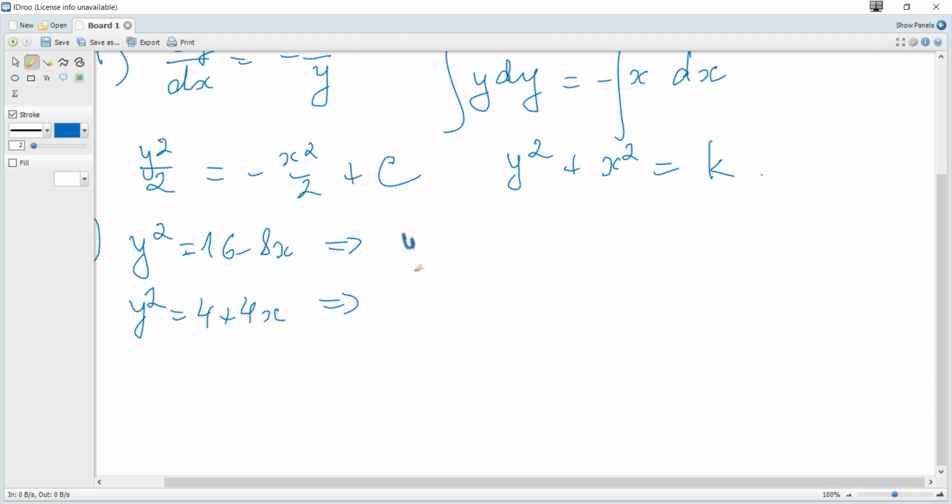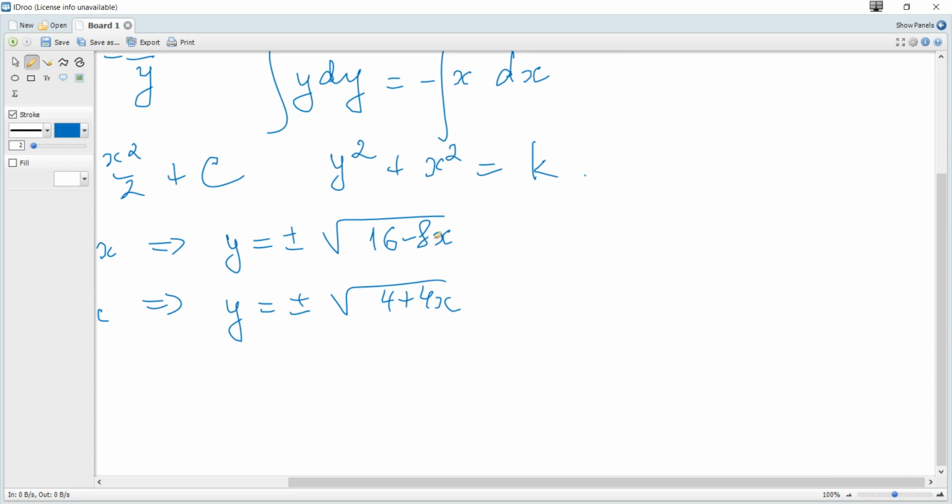So here y becomes what? Plus or minus the square root of 16 minus 8x, and here y becomes plus or minus the square root of 4 plus 4x. And we can see that the x-intercept here is what? It's just 2. And since there is a minus in front of x, it will be what?